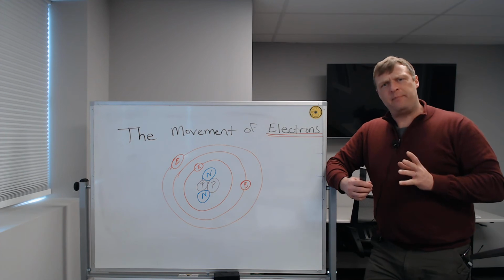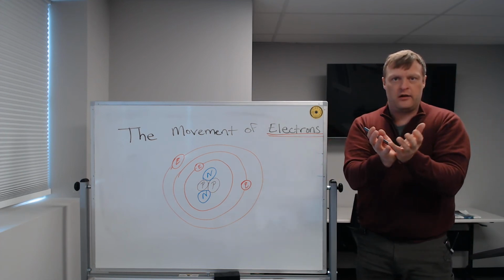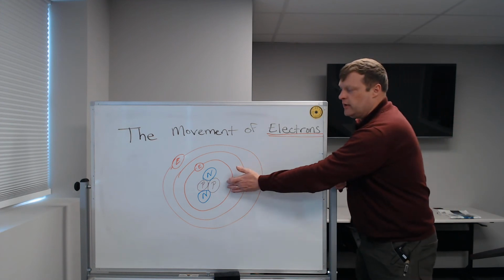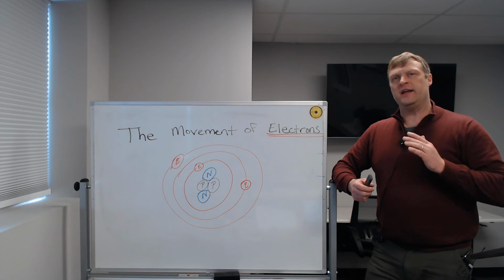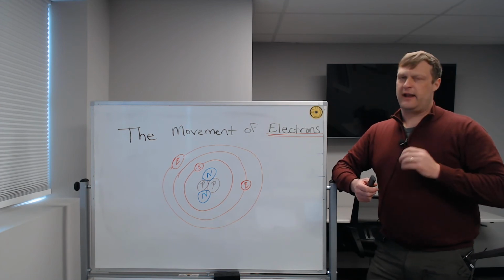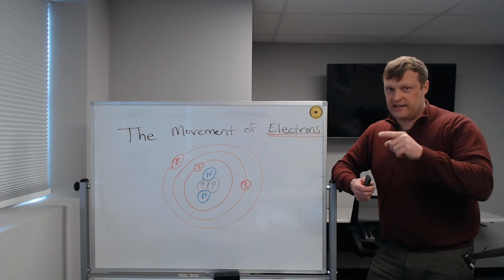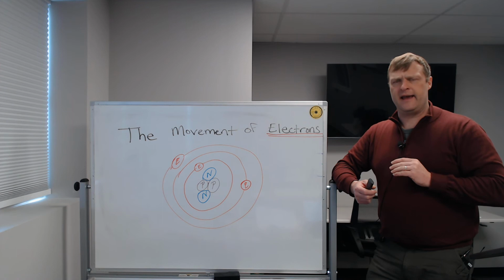What ends up happening is it actually forms a shell around the nucleus. These orbits actually form a shell. It's kind of like, have you ever tried, don't try this at home, to stick your finger in between the blades of a fan that's moving? Not a good plan.